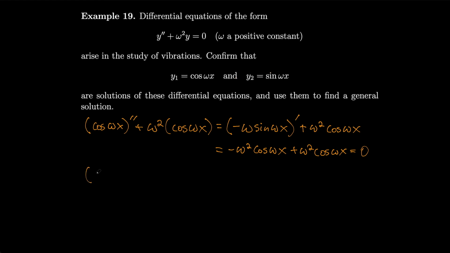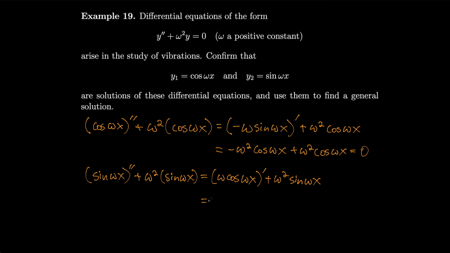So that'll be sine omega x double prime plus omega squared sine omega x, and that's equal to omega cosine omega x, sorry, prime, because I'm taking the derivative of sine, and that's cosine, and the omega hops out again by the chain rule, so plus omega squared sine omega x.